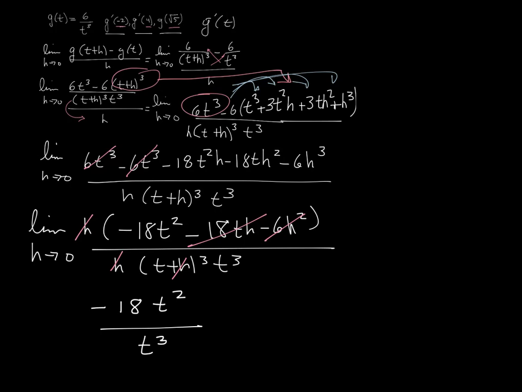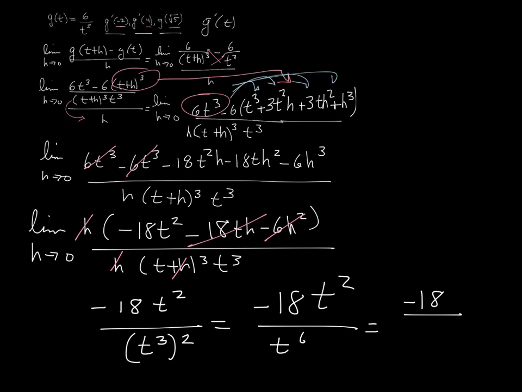So I have t cubed times t cubed, which I could even write as t to the 6, because then I could cancel 4 of them out, and so I get this for my actual function.